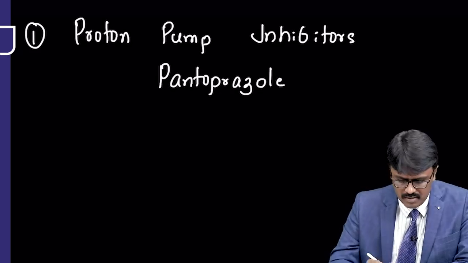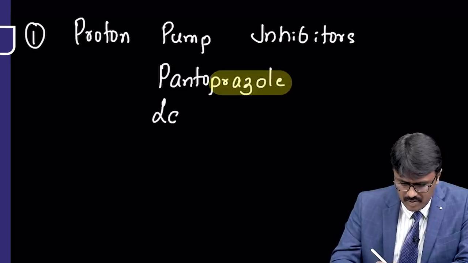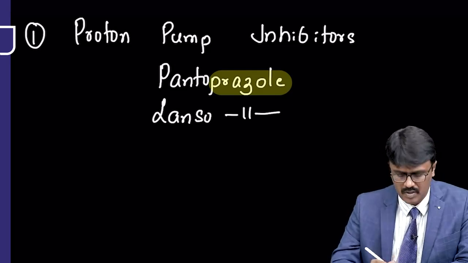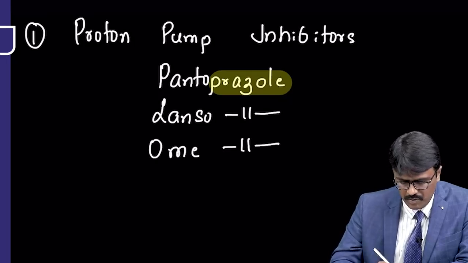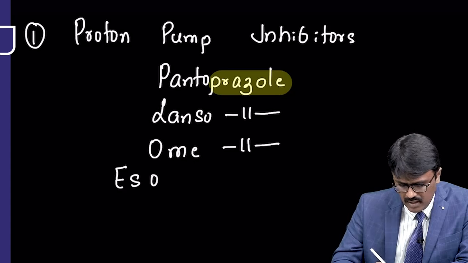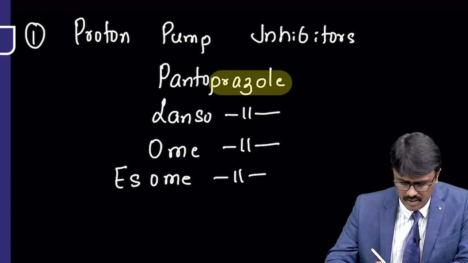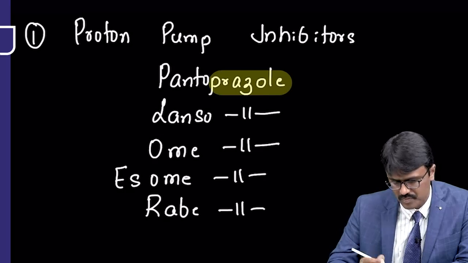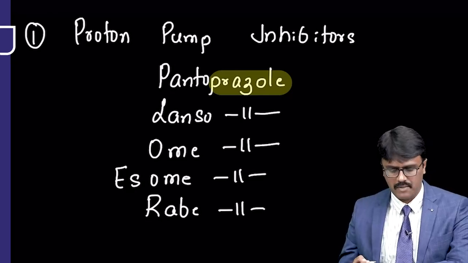They all end with prazoles. Then we have lansoprazole, then omeprazole. If you add S, it becomes esomeprazole. Then we have a drug called rabeprazole. So these are the proton pump inhibitors.